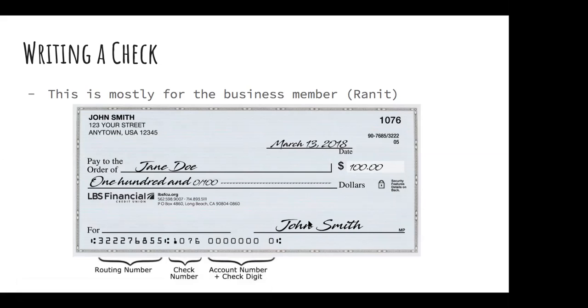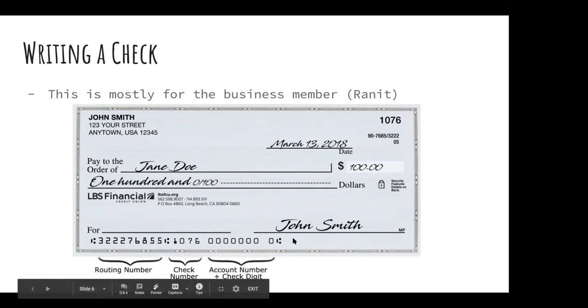But in this case, because the business member, Ronit, isn't an adult and isn't a board member of Radicubs Robotics Corporation, you're going to have to get one of the board members to sign it. So once we figure out who that is for the next year, then they can help sign checks for reimbursement.